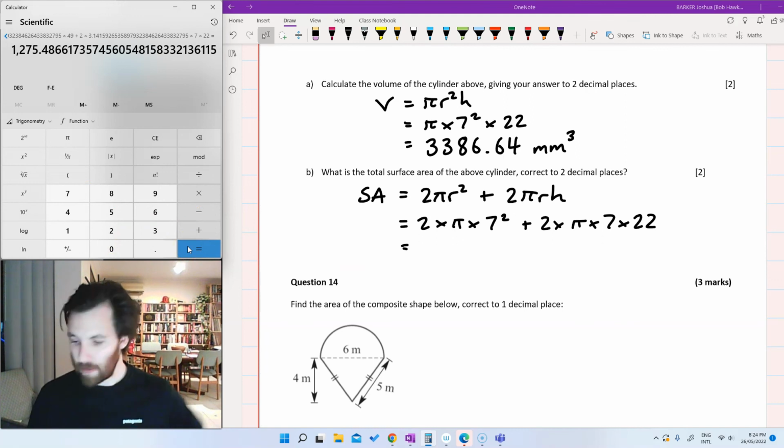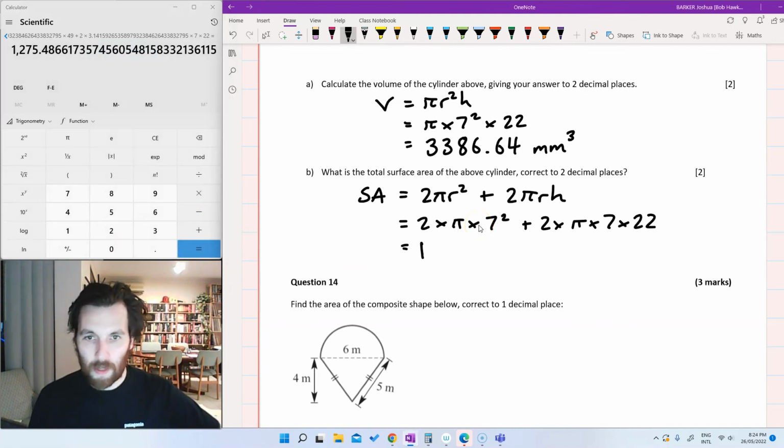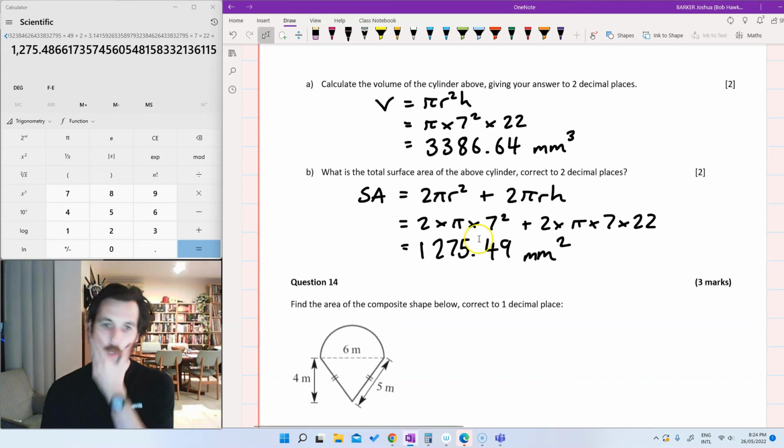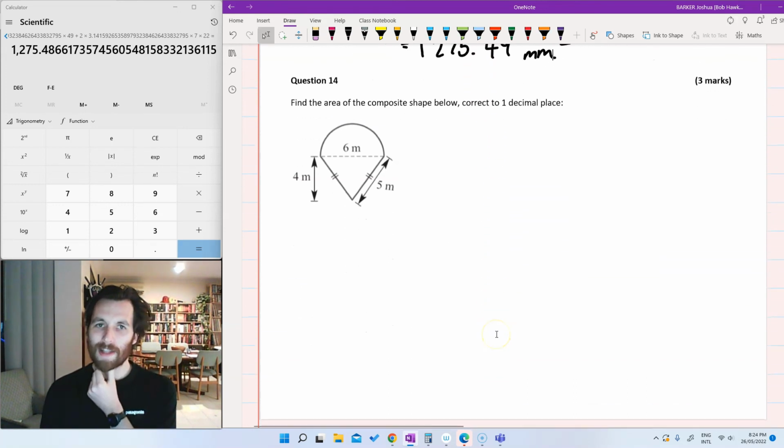Which looks to me like it's 1,275. I'm rounding to 2 decimal places, 0.49, and my units are millimeters squared for this one. Cool. Oh, last question. That's so exciting.